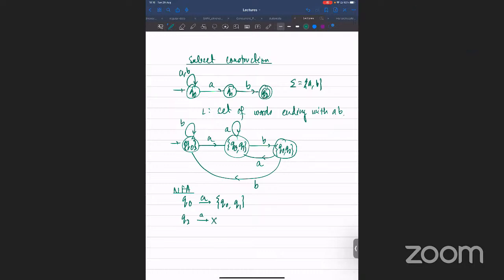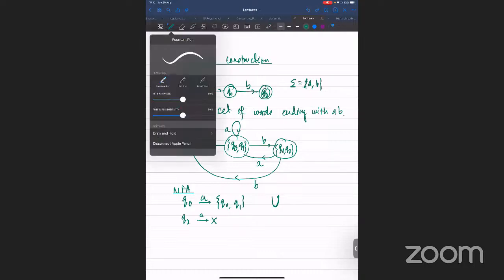So what we are going to do is, for each of the states here, we are going to see which all states you can reach by reading an A. So essentially you can also consider that I take a union over all the sets I can go to.